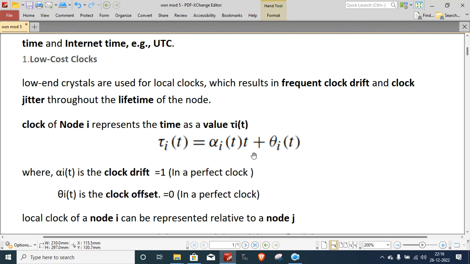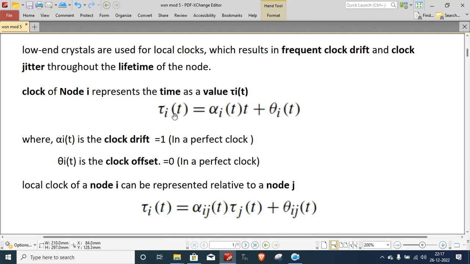We can mathematically model time represented by the clock of a node i as tau i of t, where tau i of t is equal to alpha i into t plus theta i, where alpha i is clock drift and theta i is clock offset. Ideally speaking, alpha should be equal to 1 and theta should be equal to 0. So offset should be equal to 0 and drift should be equal to 1 for a perfect clock.